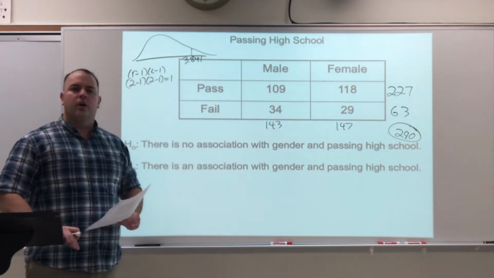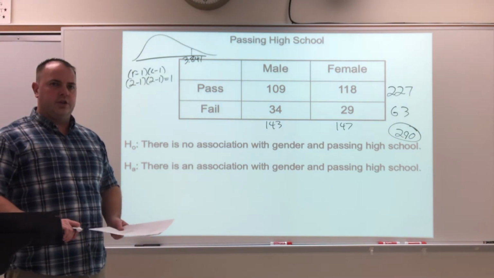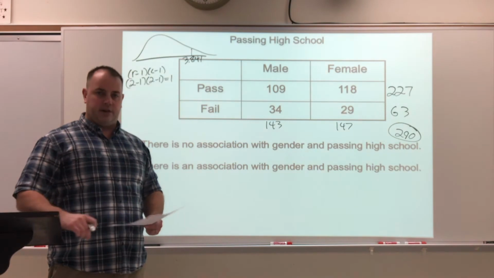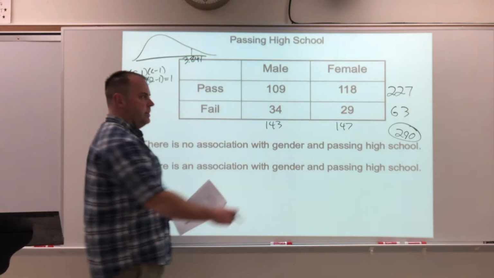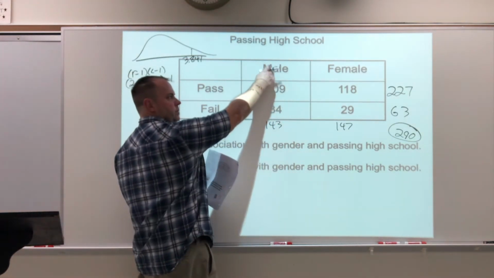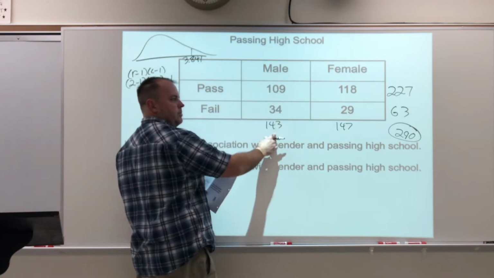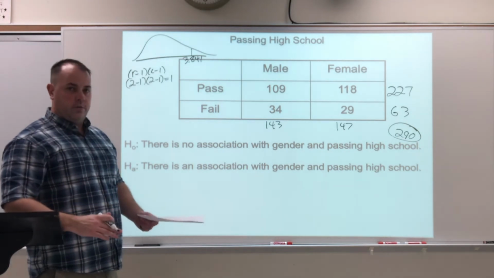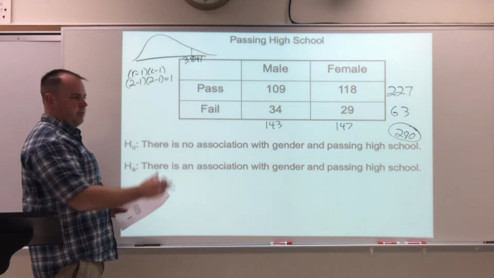Okay, so we find our expected value for each. We are going to do the row total times the column total divided by the grand total. For each one of these cells, we have to do row total times column total divided by grand total. I'm not going to show the formula for every single one, but I'll put 2 of them up.